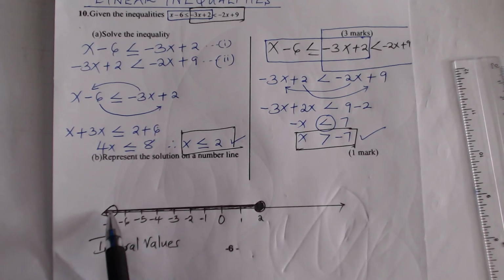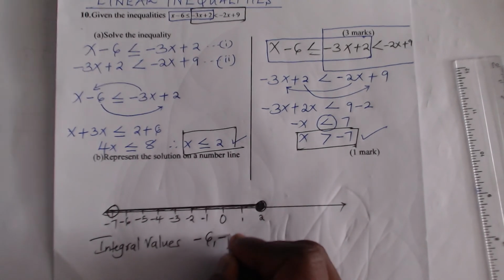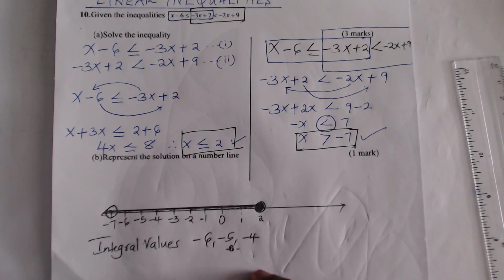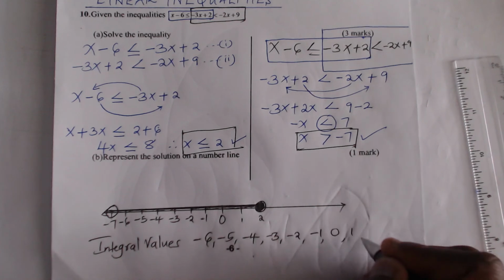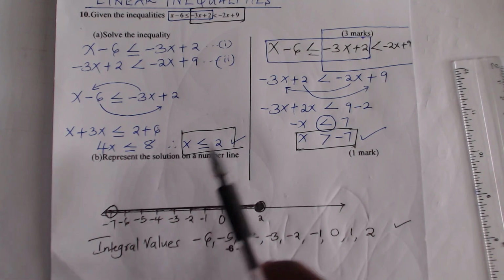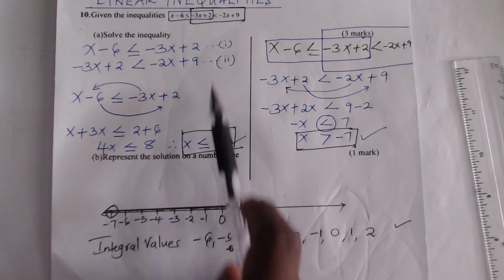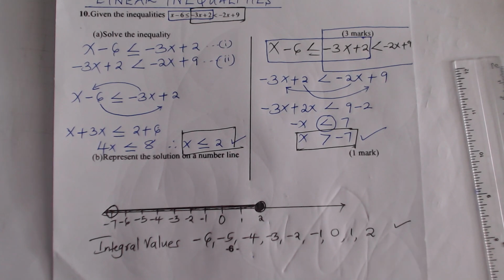There is no equal sign, that is why you have not shaded it. So the first one will be -6, -5, -4, -3, -2, -1, 0, 1, and 2. These are the integral values that satisfy the combined inequality. The integral values are just whole numbers, positive and negative, including 0. No fractions, no decimals. So that is how we're supposed to solve that.